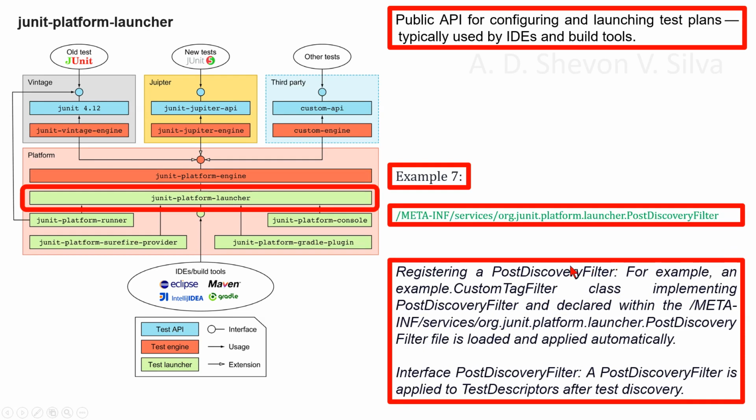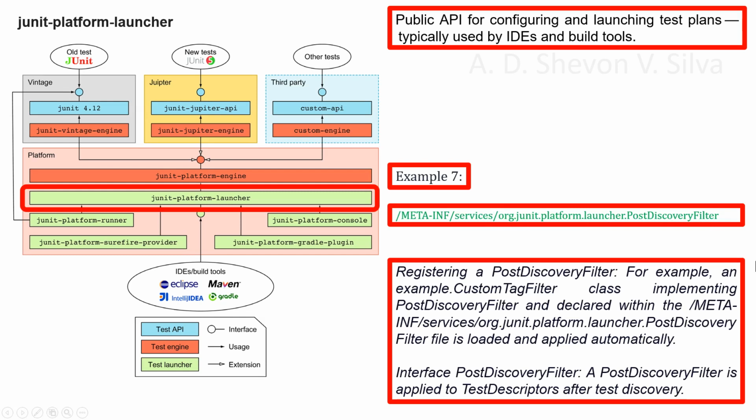As an example 7, we can consider registering a post discovery filter. For example, an example.CustomTagFilter class implementing PostDiscoveryFilter and declared within /META-INF/services/org.junit.platform.launcher.PostDiscoveryFilter file is loaded and applied automatically.